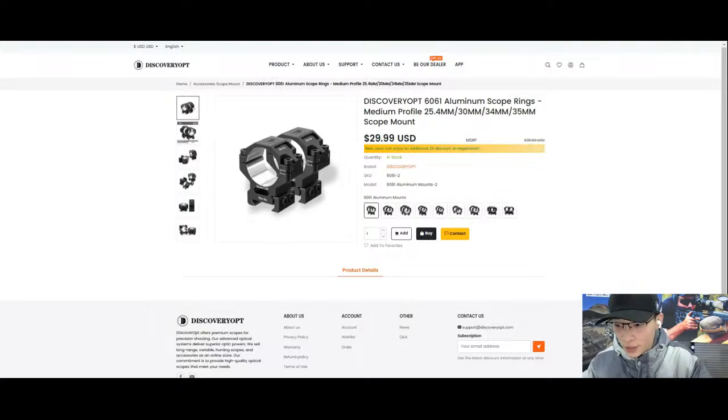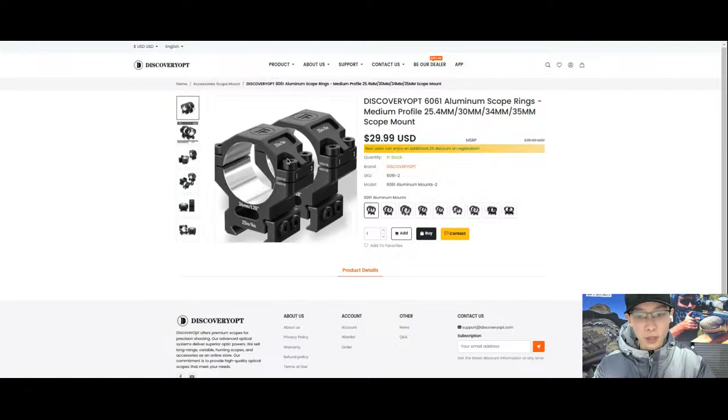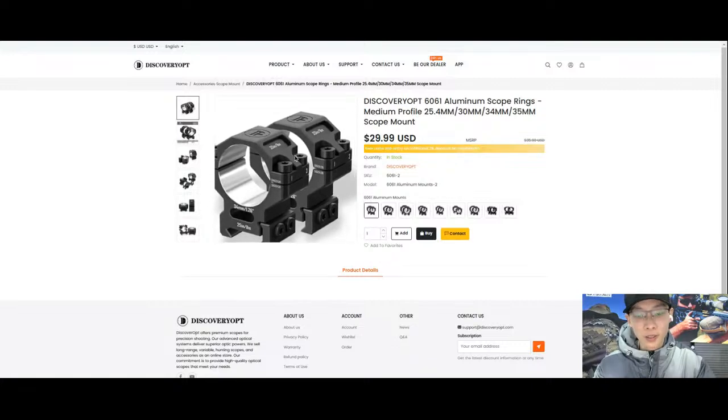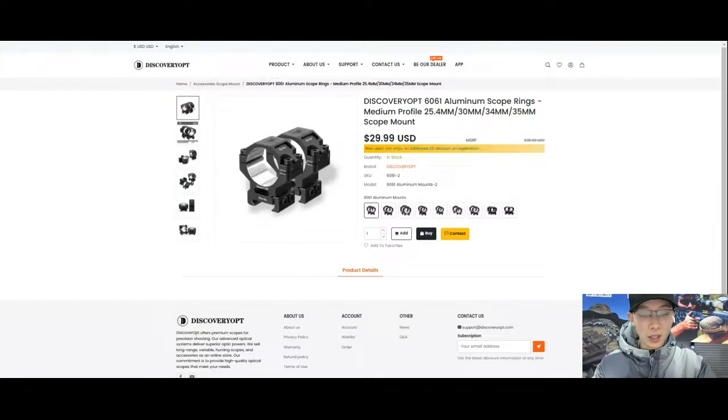And one suggestion for your rings is to include an integrated bubble level. So you're talking about putting a bubble level somewhere on the top cap or the bottom cap, right?